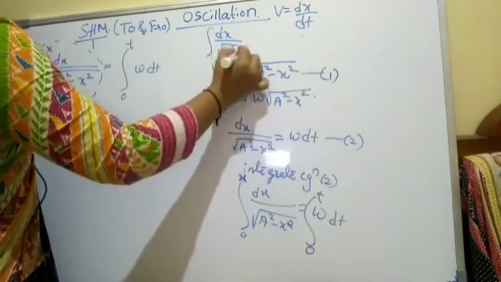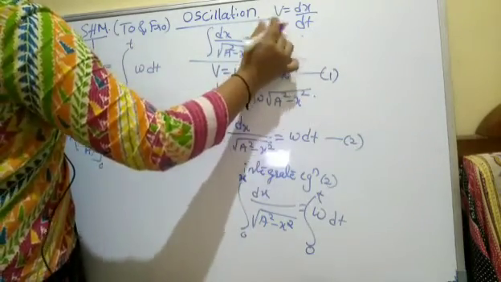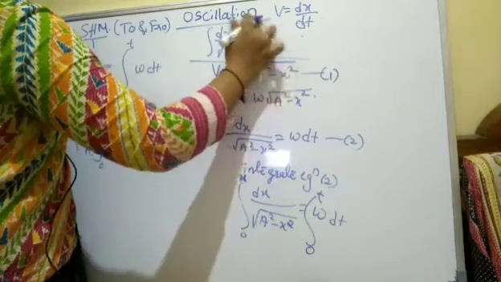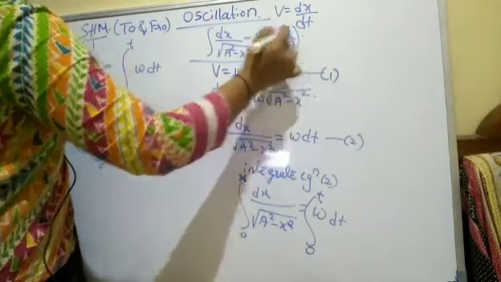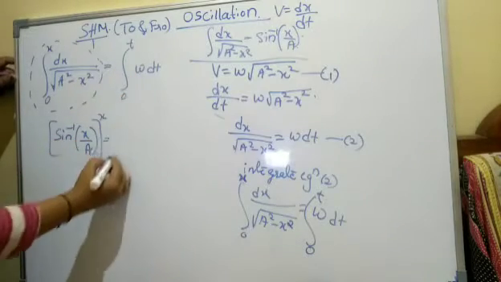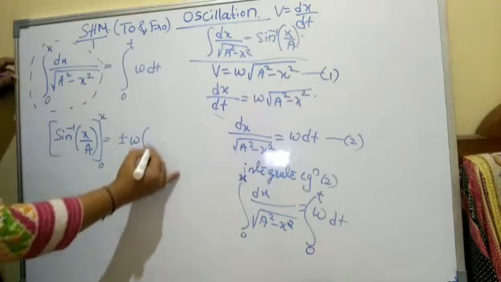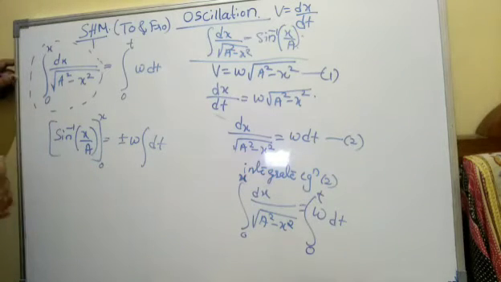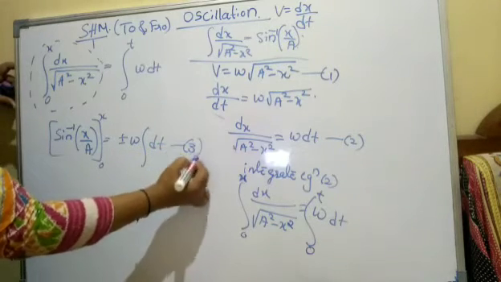So a square minus x square, it can be written as a sine inverse of x by a directly. Now integration of this, so plus or minus omega integration of dt here, right? So that is equation number 3 here.